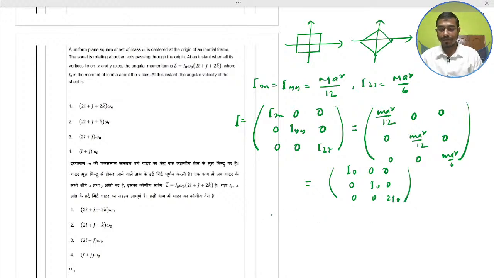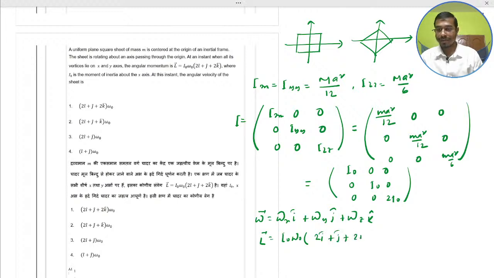Now compare, assume the omega is omega x i plus omega y j plus omega z k, and L means I naught omega naught. This is given as 2i plus j plus 2k.